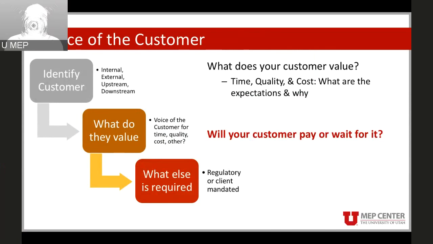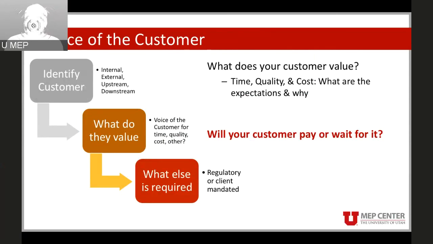When we are identifying the voice of the customer, this is really where we get into the meat of a value stream map. I mentioned that a value stream map is really where we're trying to identify what pieces in our process are adding value to our client. And we need to understand what our client really wants. So a good question to ask yourself here is, will your customer pay or wait for whatever you're about to do?